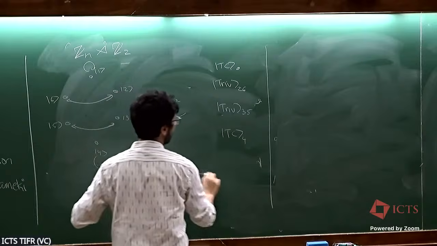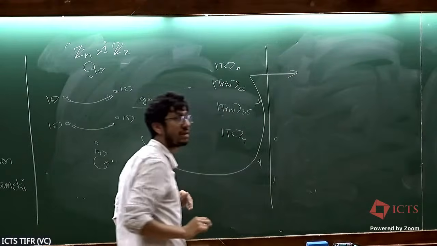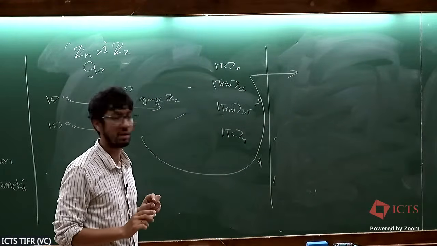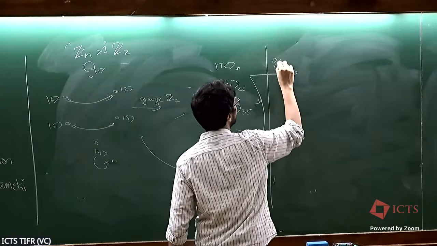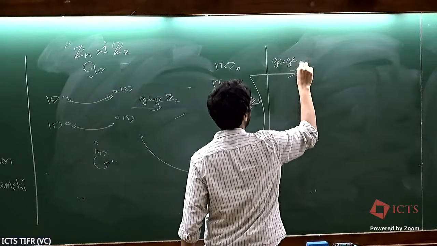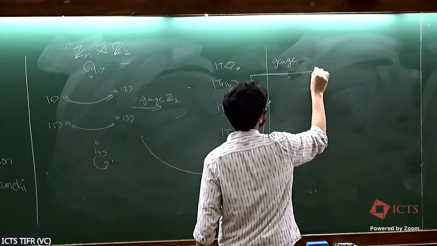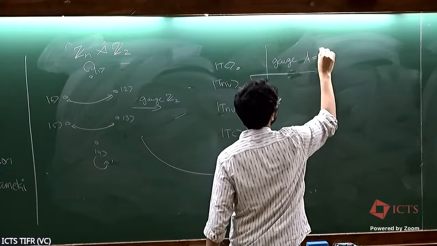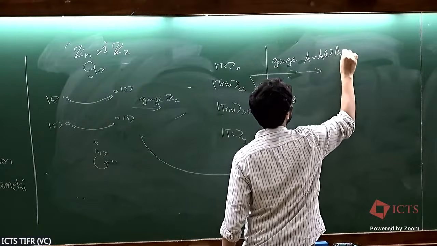And you gauge non-minimally, so you gauge using some algebra A, which is A1 plus AB.